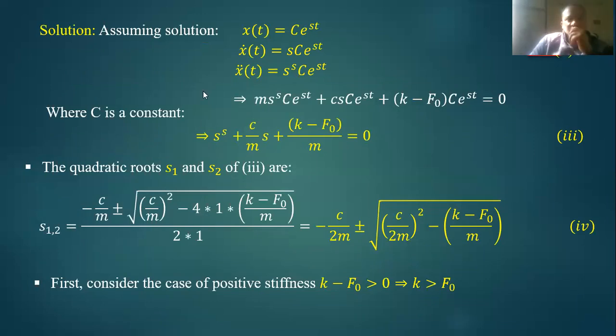And assuming the solution x of t is equal to C times e to the power of st, where C is the amplitude constant that should be determined, the velocity and the acceleration become s C e to the power of st and x double dot of t equal to s square C e to the power of st. So these are the acceleration, velocity and displacement. Substituting in the previous equation, we get this relation, and it gives us a quadratic form of equation.